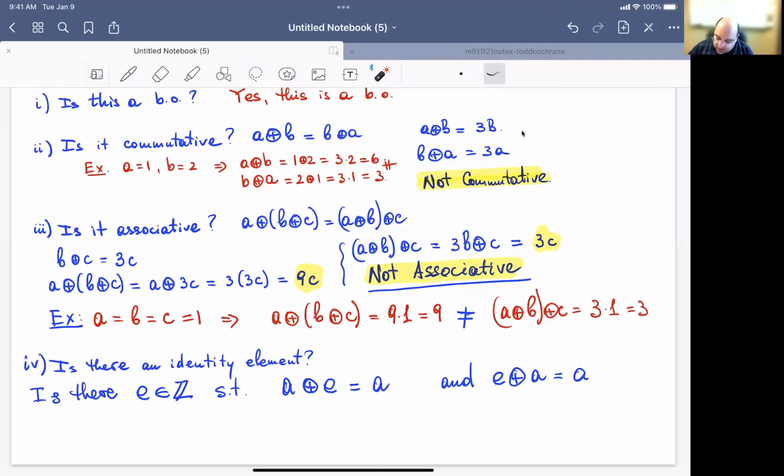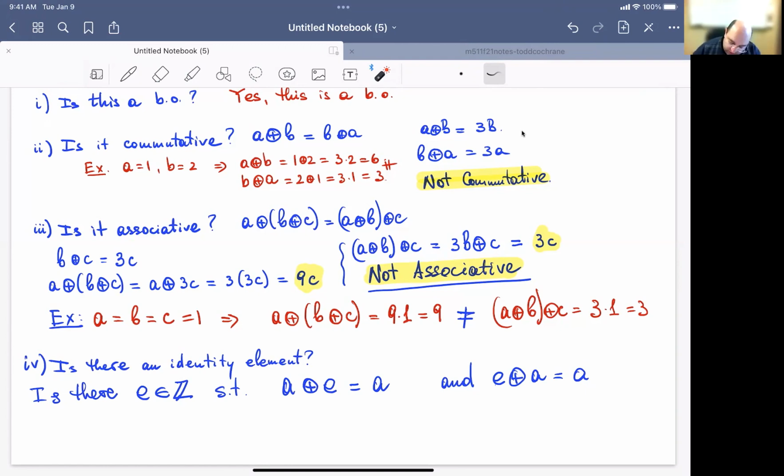And similarly, if you take this one here, this would also fail. So this would basically say there is no right identity. Well, let's just say that there is no identity. Okay, so I'll leave this to you to work on.